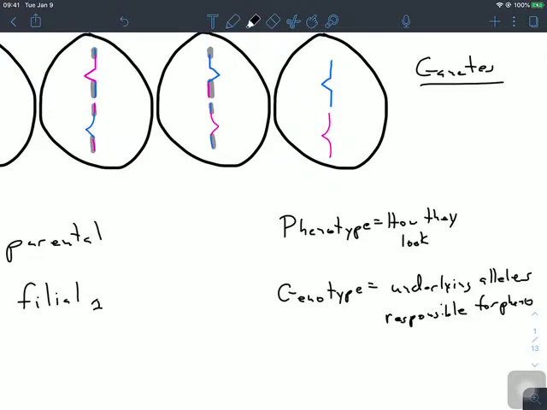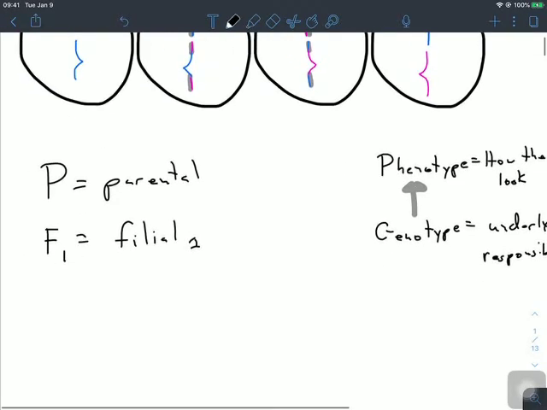So, in some way, your genotype can be used to predict your phenotype. This prediction can go beyond the F1, or filial 1, to the F2, which is our filial 2, or our grandchildren of the parents, or even the filial 3, the great-grandchildren, and so on and so forth. We can really build this back.